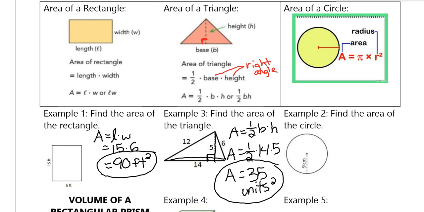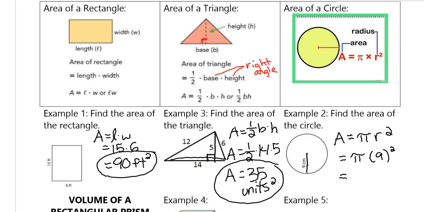Last example, our circle. Area equals pi r squared. Pi times my radius is here. When we're doing these problems, we don't type pi into the calculator.